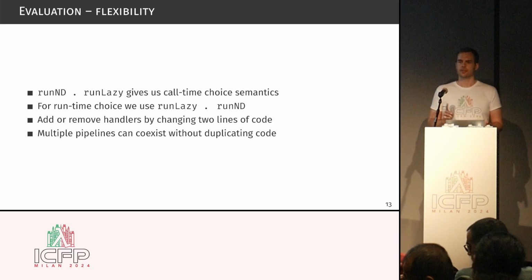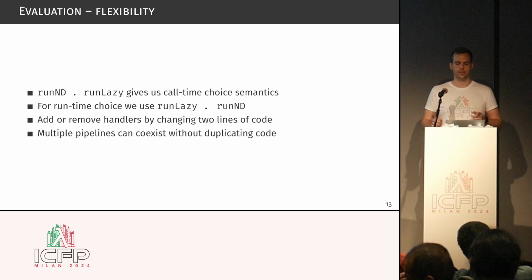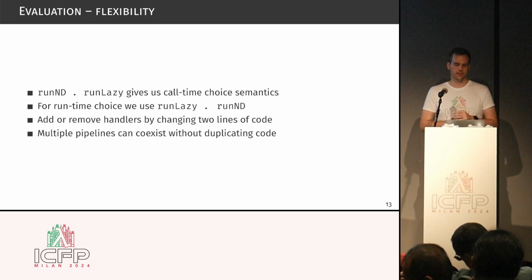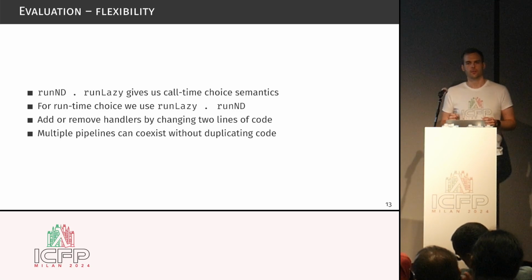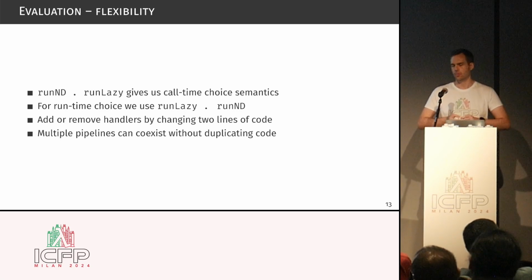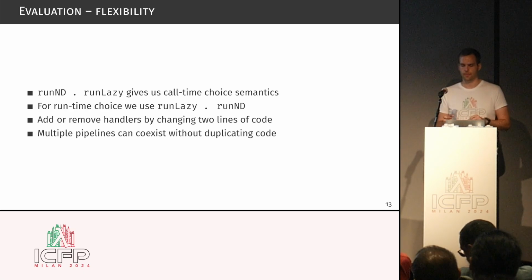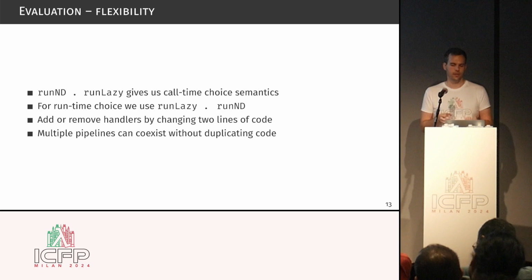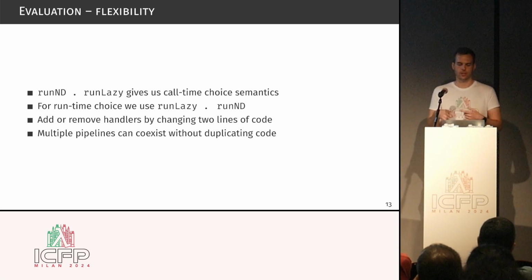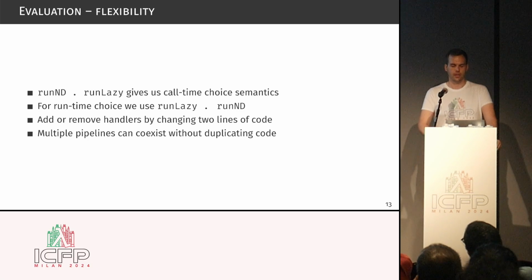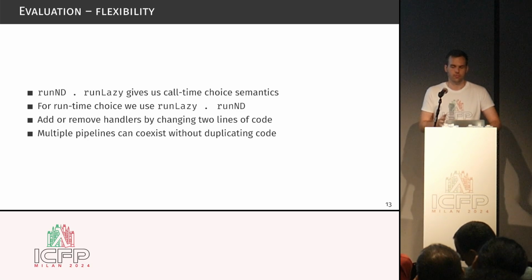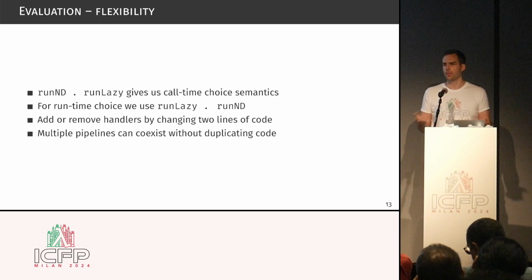But if I just switch those 2 handlers around, I'm going to get a run-time choice. So something that would probably need a significant amount of work in a monolithic interpreter is just switching 2 lines of code here. And I can also have 2 or more pipelines in parallel without duplicating code.